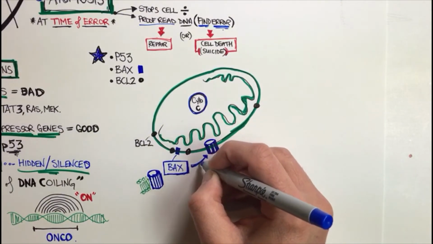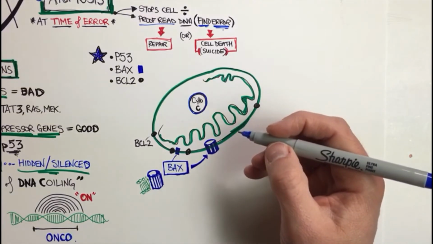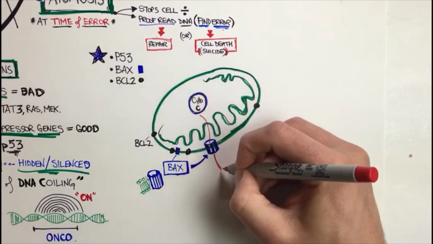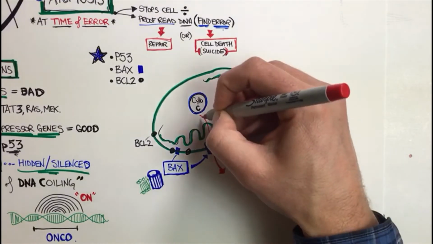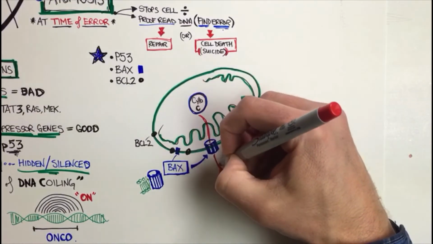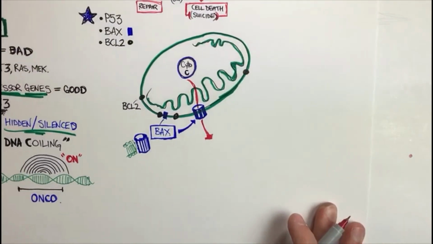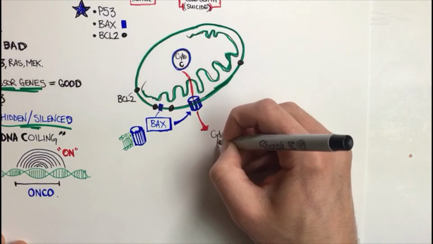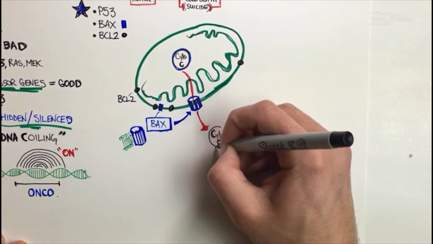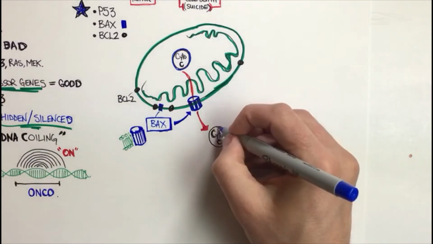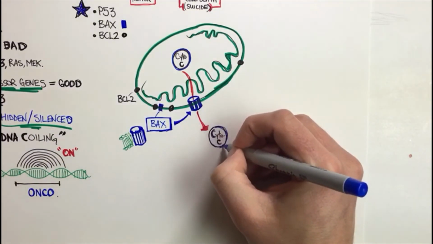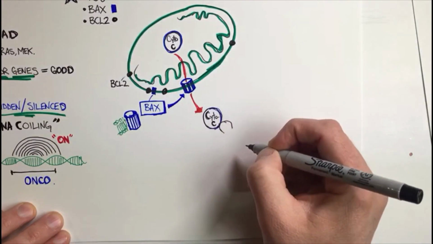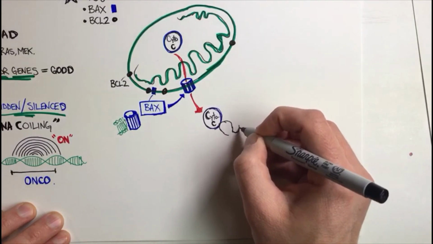But when Bax forms that pore that it's designed to do under times when a cell has decided it should die, that pore is designed to release cytochrome C from the inside of a mitochondria into the greater compartment of the cell. So now it's free in the cell. The cytochrome C is outside the mitochondria here. And the significance of that is it triggers the cascade for cell death once it's released.